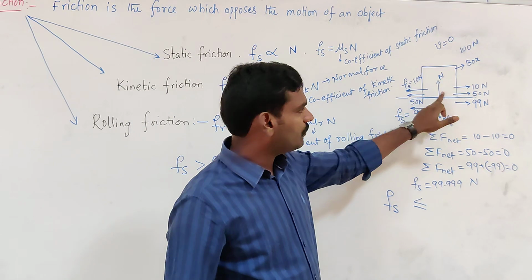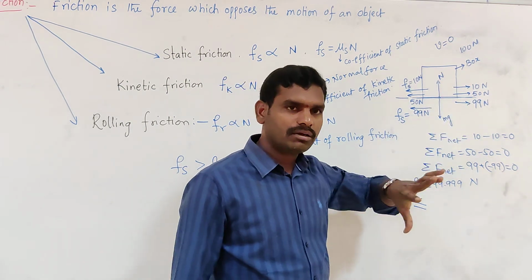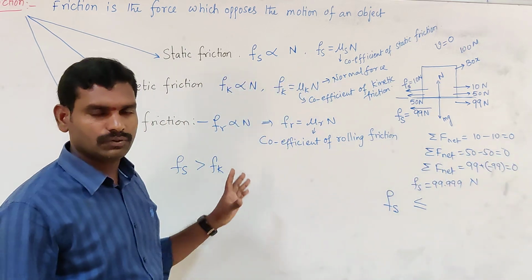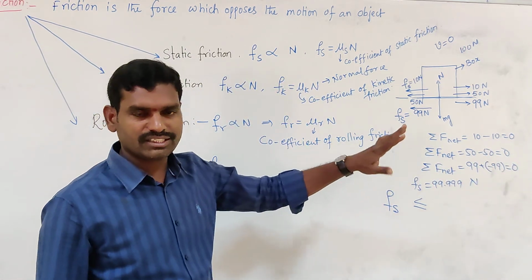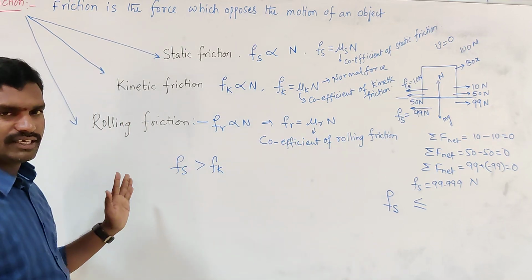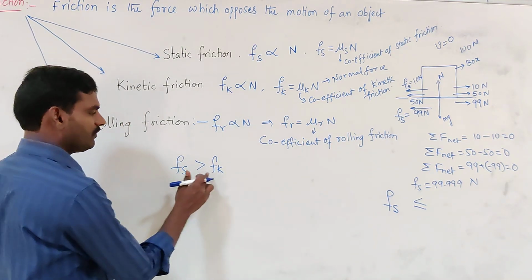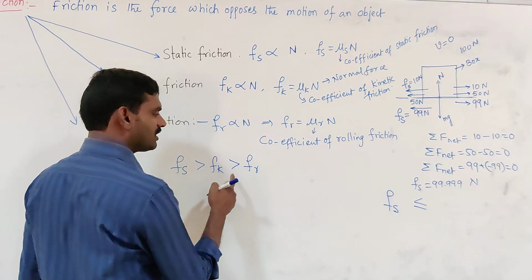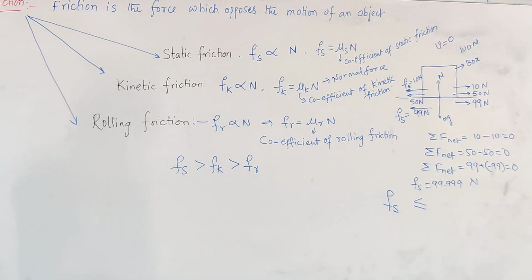When we attach wheels to this box, we can push the box easily as compared to the previous two cases. So rolling friction is less than kinetic friction, and kinetic friction is less than static friction.